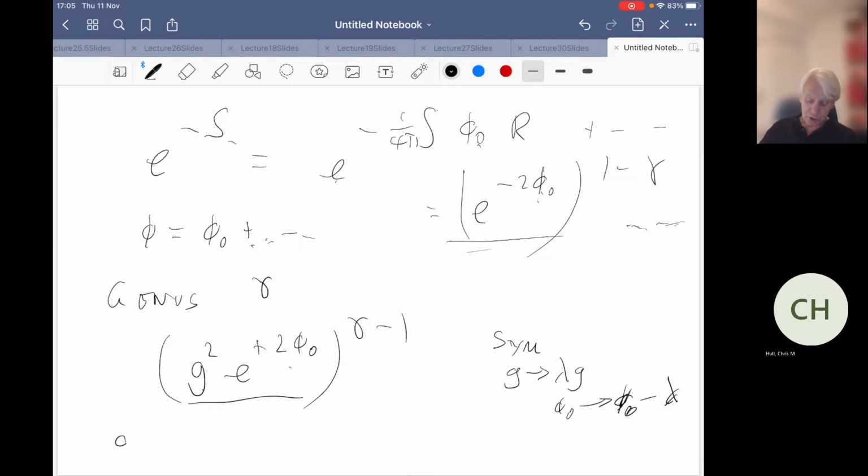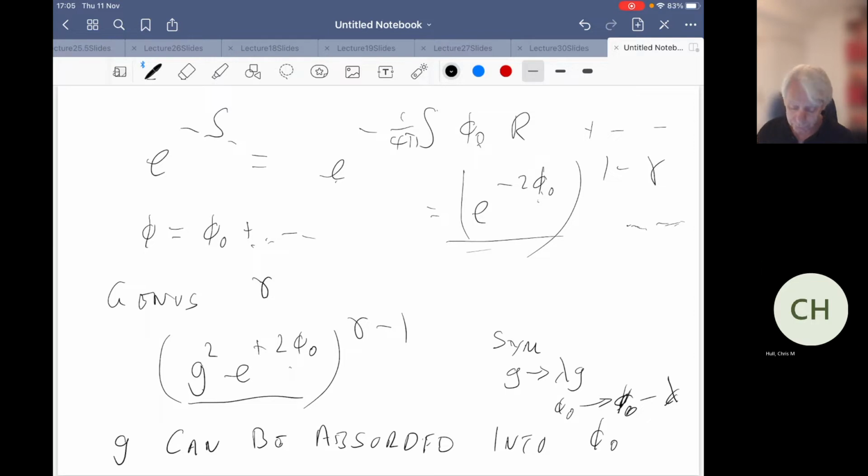So that means that g can be absorbed into phi 0, and we don't need to talk separately about the coupling constant.